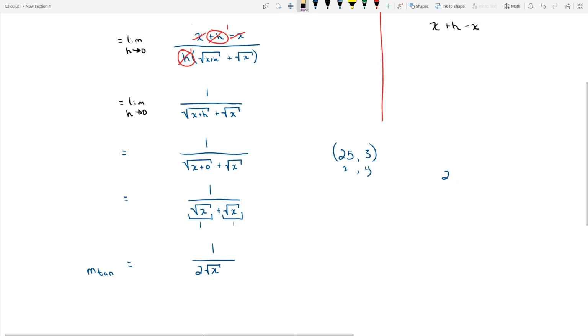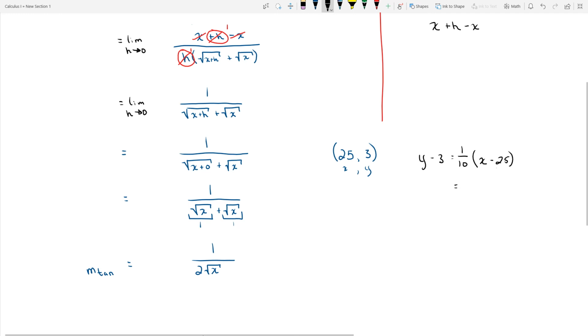Now that we know what the slope is, we could easily find the equation of the tangent line at that point, and we could say that y minus 3 is equal to the slope we found, 1/10, multiplied by x minus 25, and we could solve that down.